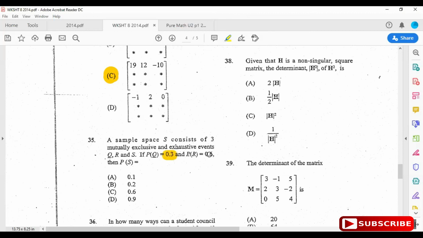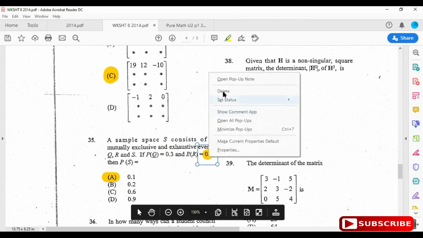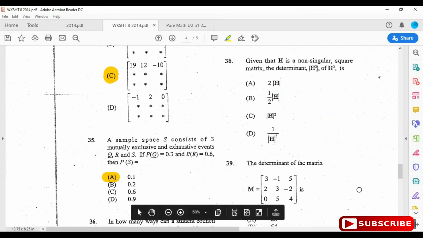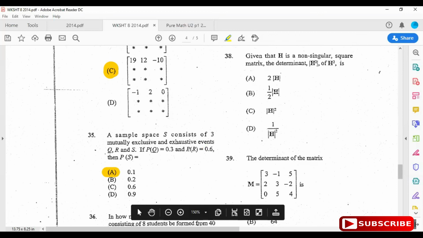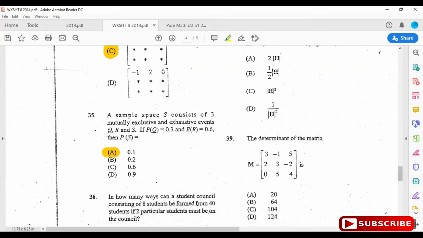So 0.3 plus 0.6 is 0.9, and so P(S) has to be 0.1 in order for these three to add up to 1. That's clear? This one is fine? Yes, I got you. Easy question.